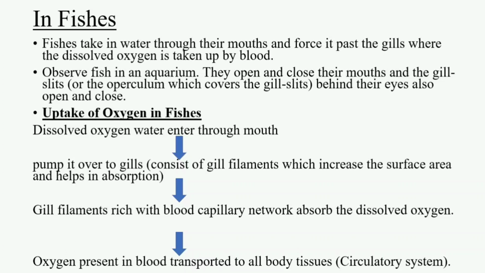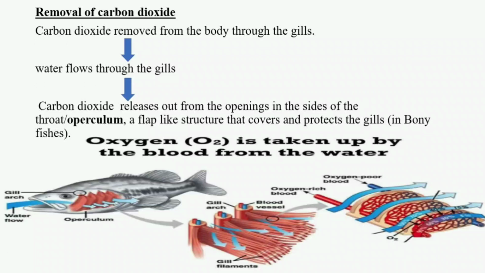Inside the gills, there are gill filaments which increase the surface area and help in the absorption of oxygen. Gill filaments consist of blood capillaries, so the dissolved oxygen mixes with the blood, and the oxygen present in the blood is transported to all the body tissues via the circulatory system.